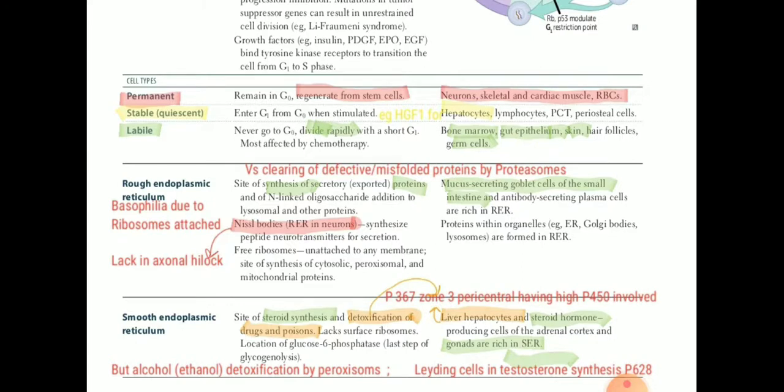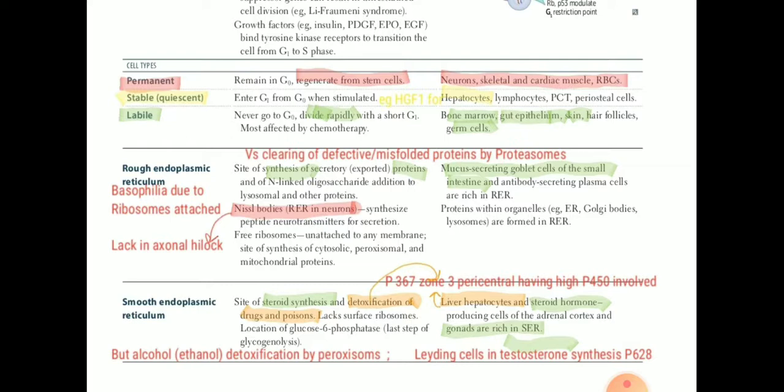And we know that mucin is a protein because it ends with 'in' like most proteins. Mucus secreting goblet cells of the small intestine will have abundant RER; that is an MCQ asked. So you have to keep in mind that this is important, otherwise we may skip it, that it is more in mucus secreting goblet cells. Then basophilia is due to ribosomes attached.